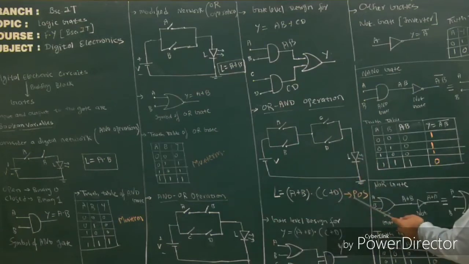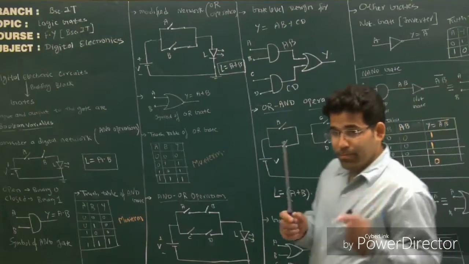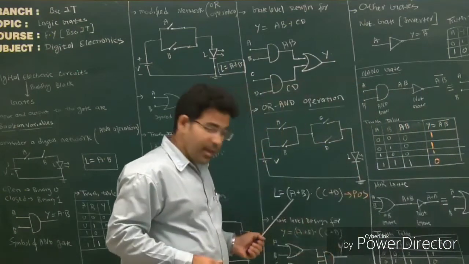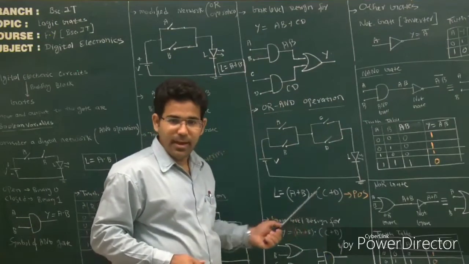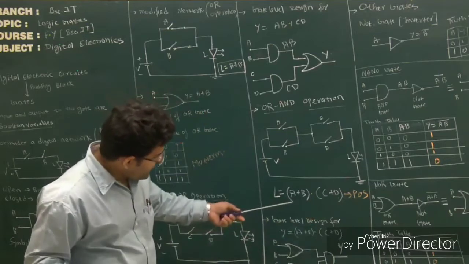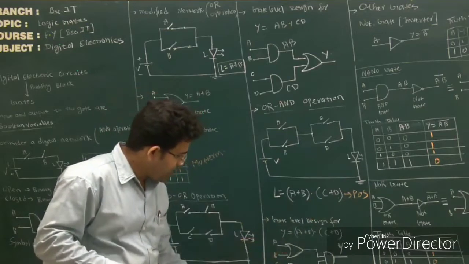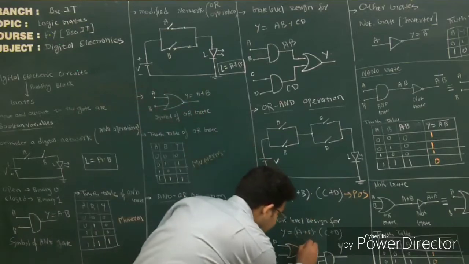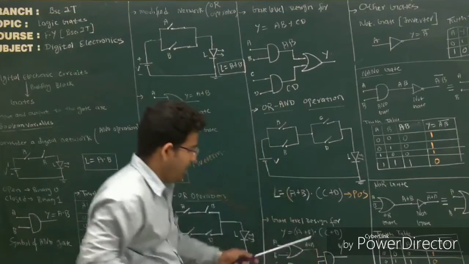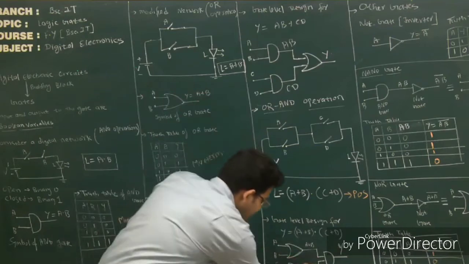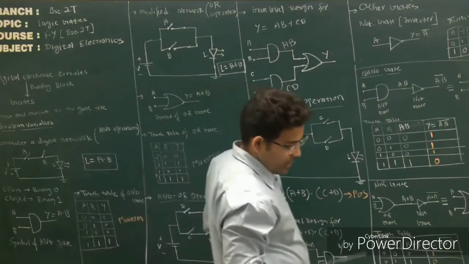This arrangement is known as POS, product of sums. First get a sum A plus B, a sum C plus D, and then the product of them. Again, this can be realized by using a gate network. So here I'll get A plus B, and here I'll get C plus D. A plus B, C plus D, and then multiply them to get the equation.